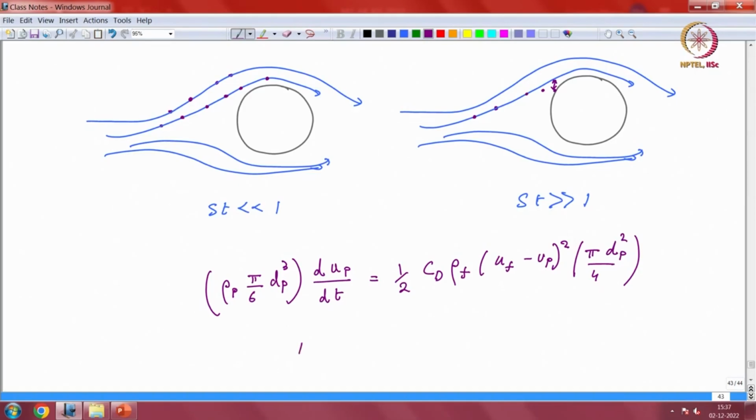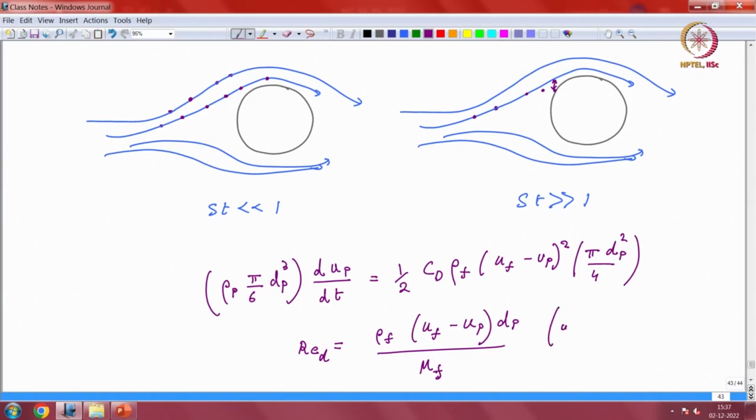So now, this is an equation that we have to solve, but to simplify the right hand side, we are going to introduce a quantity called the Reynolds number with respect to the particle diameter. I am writing small d, so let me be consistent and just use small d here. So here you have the relative velocity times dp by mu f, where mu f is the viscosity of the fluid.